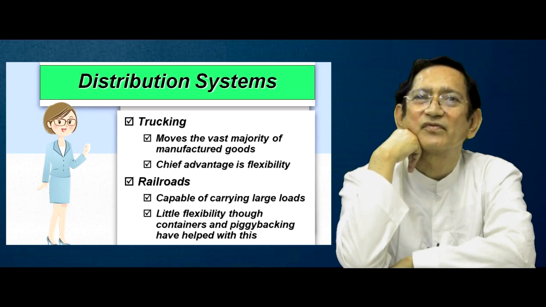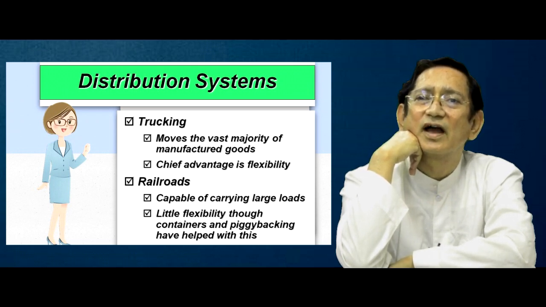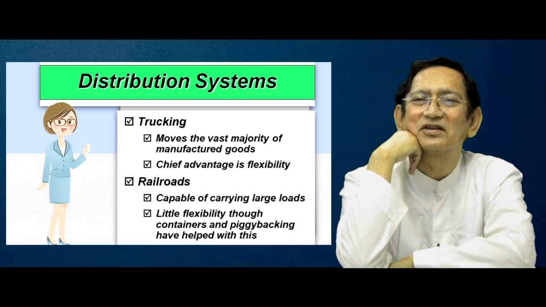Distribution system involves trucking, moving the vast majority of manufactured goods. Chief advantage is flexible. Railroad, capable of carrying large loads. Little flexibility, though container and piggybacking have helped with this.